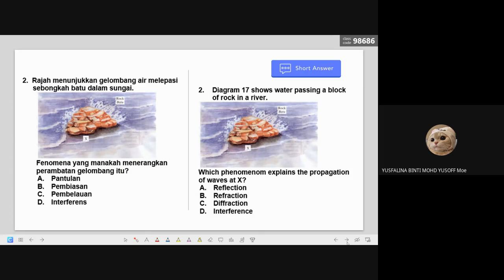What happened at X here? C. Yeah. So this one is actually diffraction. So this is like an obstacle, okay, and the water wave passes through it. Okay, so the answer is C.